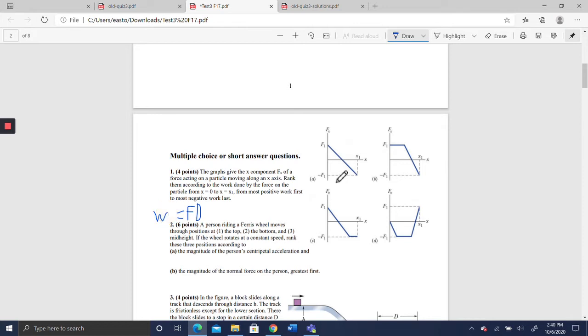So what we're really trying to do in this equation is get the area under the graph, and whichever area has the most under the graph will have the most positive work.